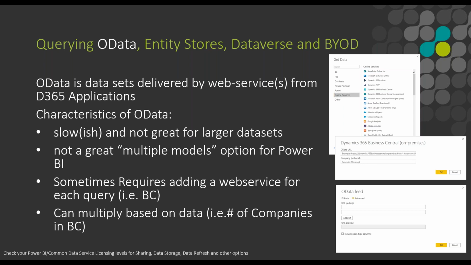The challenges, or the characteristics if you will, for OData is that it tends to be slow in nature. There can be throttling. We have seen throttling with some of the providers that makes for not the greatest experience, especially when you're trying to move larger amounts of data out. It's not a great option, as we say here, for multiple models for Power BI.